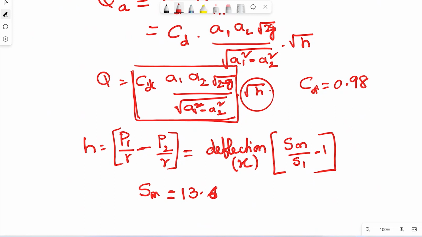And the flowing fluid, if they don't give anything, naturally will be water, or otherwise if they give a specific gravity, we can calculate it. So by using this device, we can find out the discharge in the case of pipes using Venturi meters.